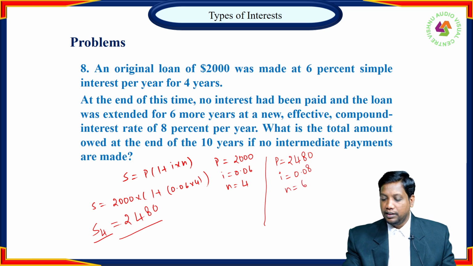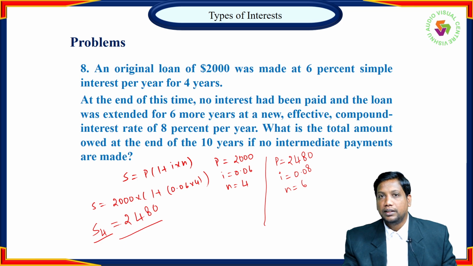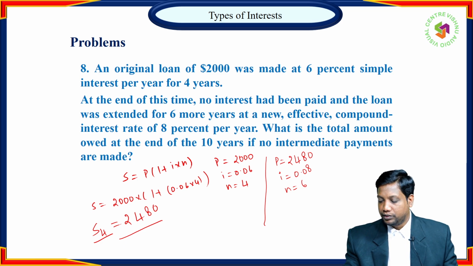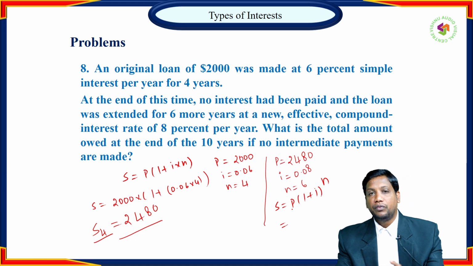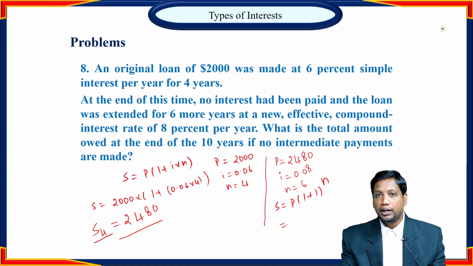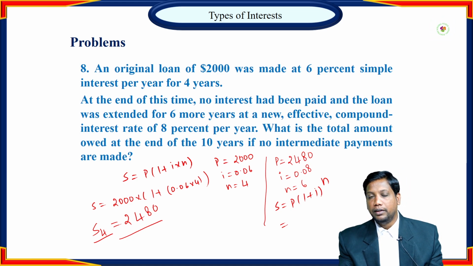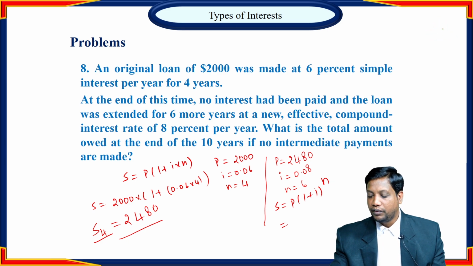Total 10 years. Initially for the first 4 years simple interest, the remaining 6 years compound interest. So here S equals P into (1 plus i) whole power n. So after 4 years there were no intermediate payments, so whatever interest amount accumulated has been added to the principal amount.